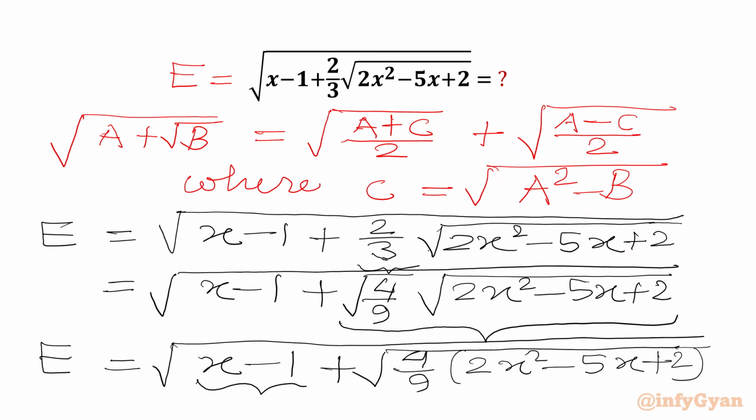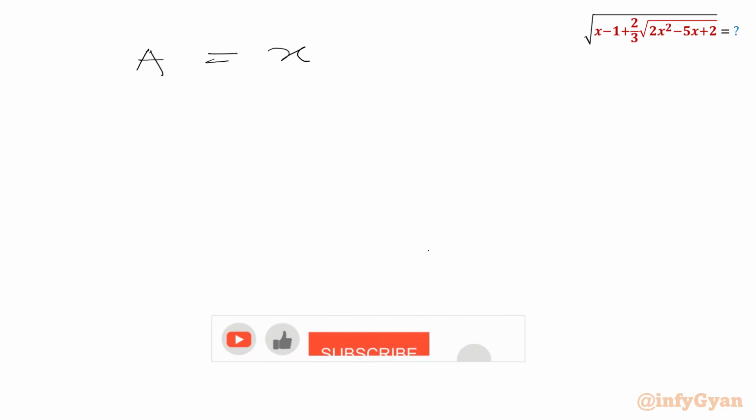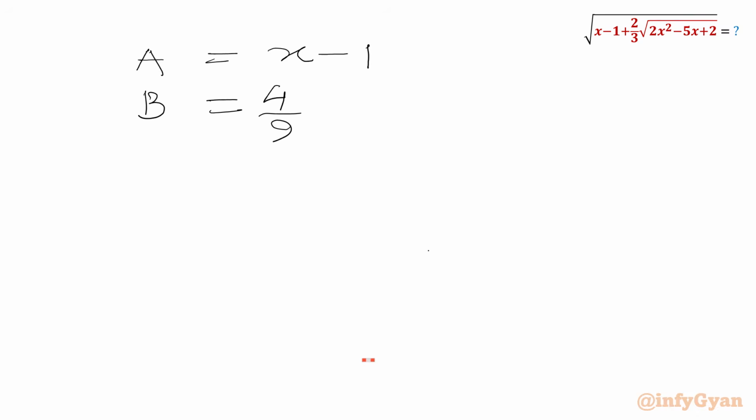So this is our A, x minus 1, and here we have B, 4 over 9 times 2x square minus 5x plus 2. So I will write here A will be equal to x minus 1 and B will be equal to 4 over 9 times 2x square minus 5x plus 2.